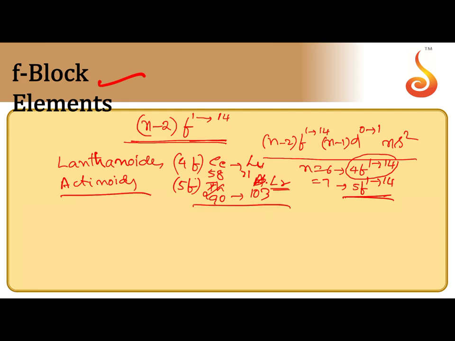These 14 elements are called actinoids. These are also called the 5f series. Maximum number of actinoids are radioactive elements. After uranium, 92, all are man-made, radioactive elements. Lanthanides are also called rare earths since they occur rarely in the Earth's crust.